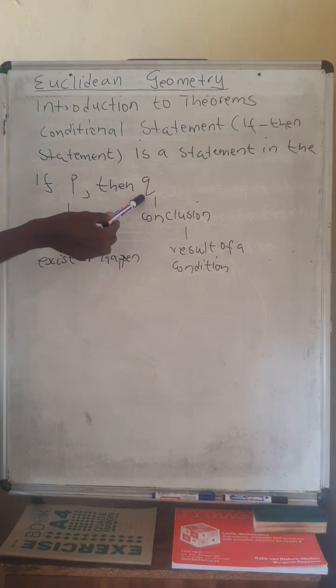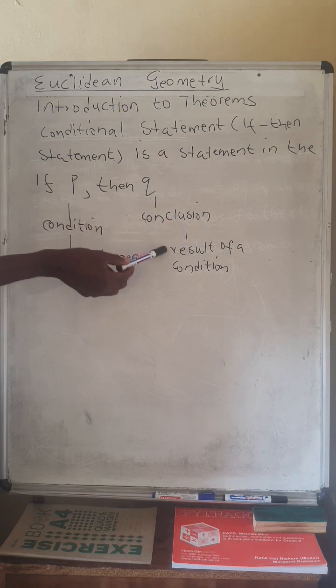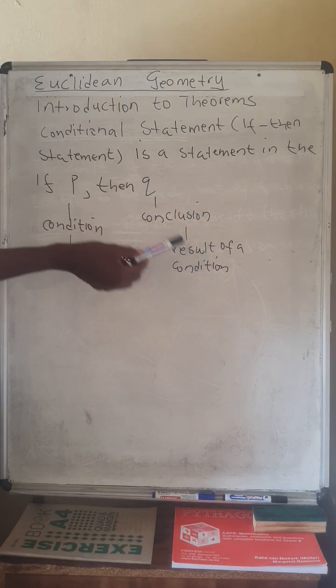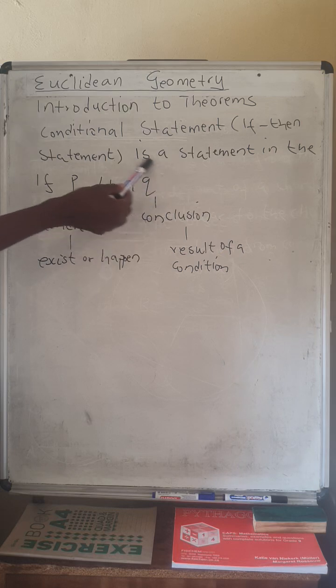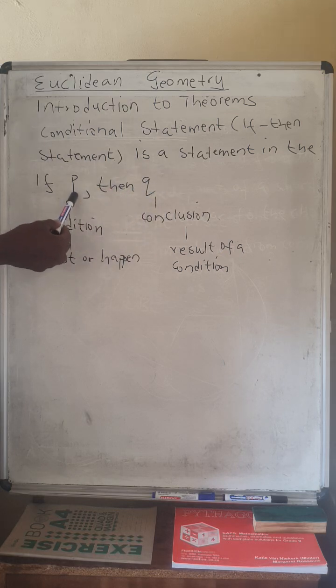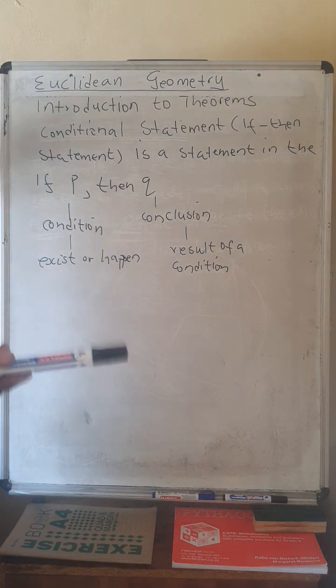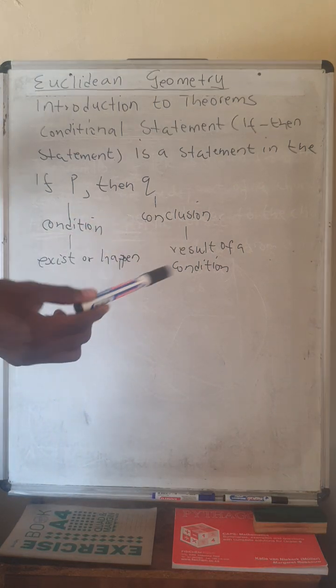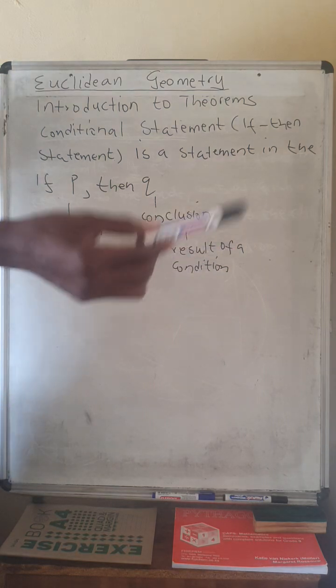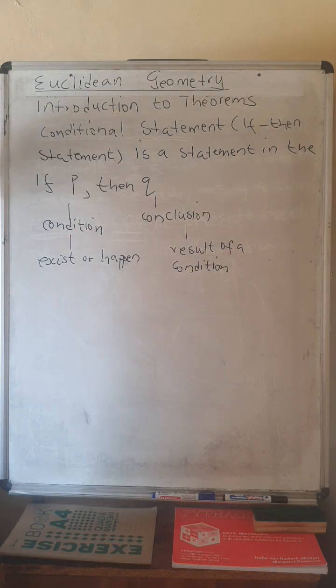A conclusion is a result of a condition. The only time we can have a conclusion is if there is a condition. Remember, a condition is something that must exist or happen before something else can happen, with the conclusion being the result of that thing which has happened.